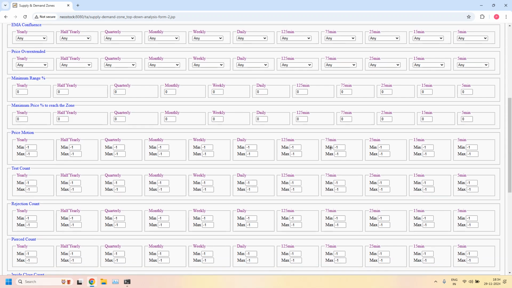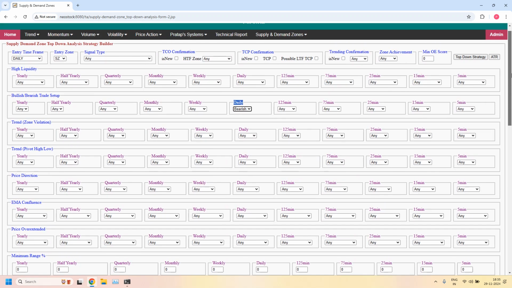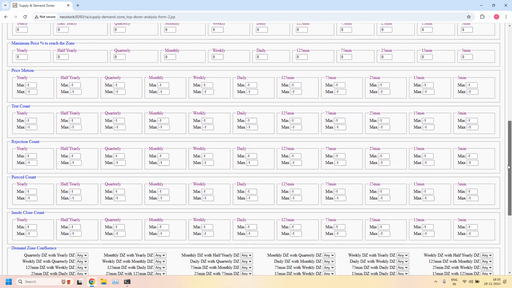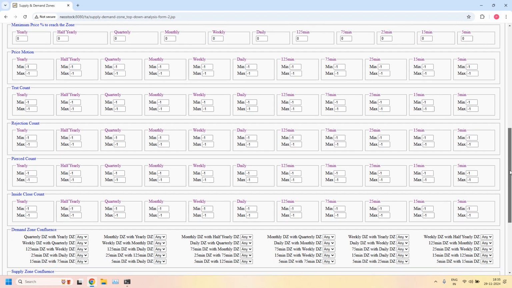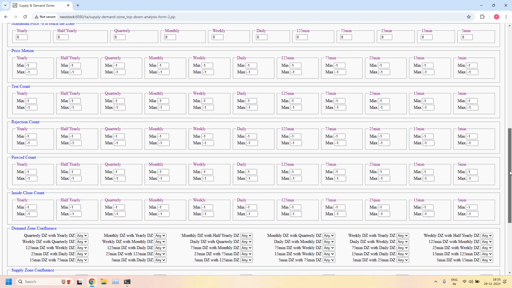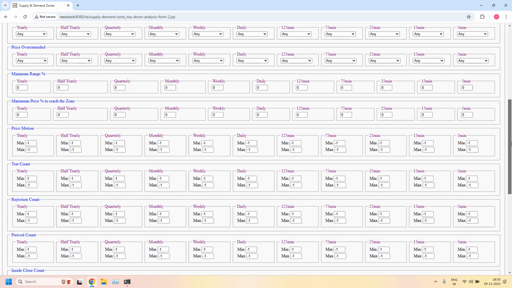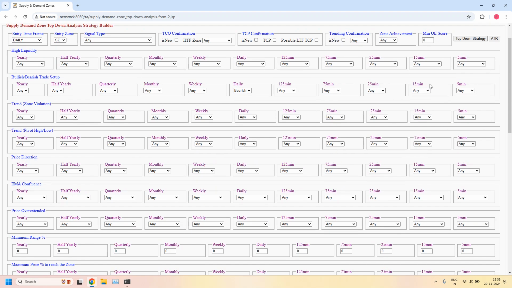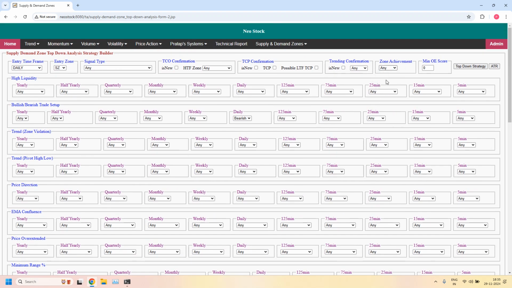So in the pierced count at a daily time frame, minimum value I am setting 0, maximum value I am setting 0. Zone achievement, violated opposing zone, minimum odd enhancer score is 12.